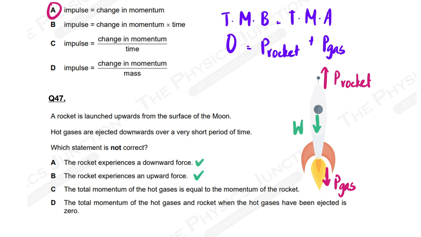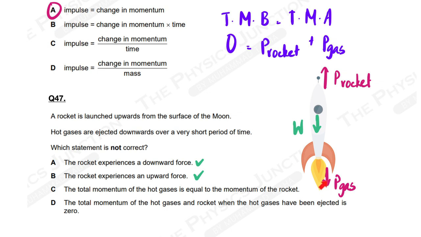If there was just a slight rewording to this question, and if the question says the magnitude of the momentum of the hot gases is equal to the momentum of the rocket, right? So the magnitude of momentum of hot gases is equal to the magnitude of momentum of the rocket, this question would have been correct. But the problem here is that they are traveling in opposite directions.